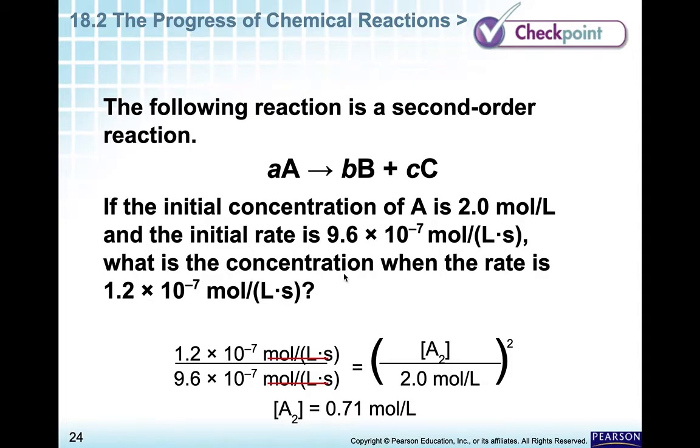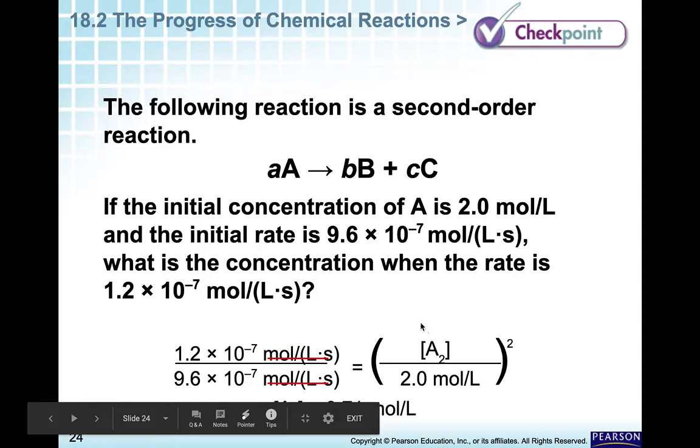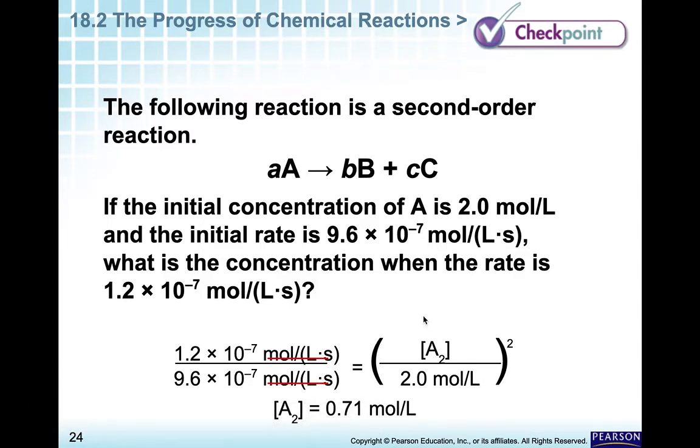So for example, our unknown concentration was present when we had a rate of 1.2 times 10 to the negative 7th. So since we chose to make the 1.2 times 10 to the negative 7th rate 2, we need the concentration of A2 to be on top here.